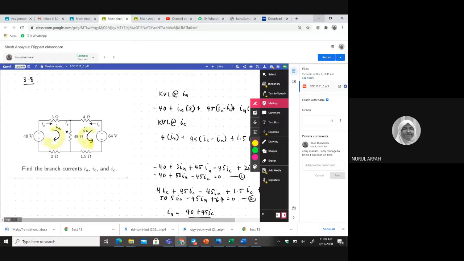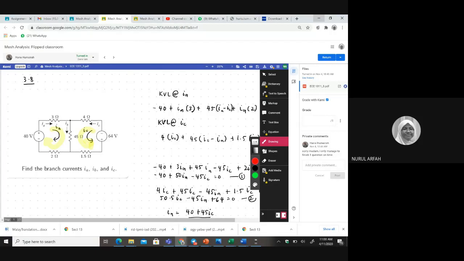So what should you do? If so happen you do like Hannah, no problem. But the equation inside here, you need to change a little bit. So first we check on our super mesh. Do we have any super mesh here? No, right?